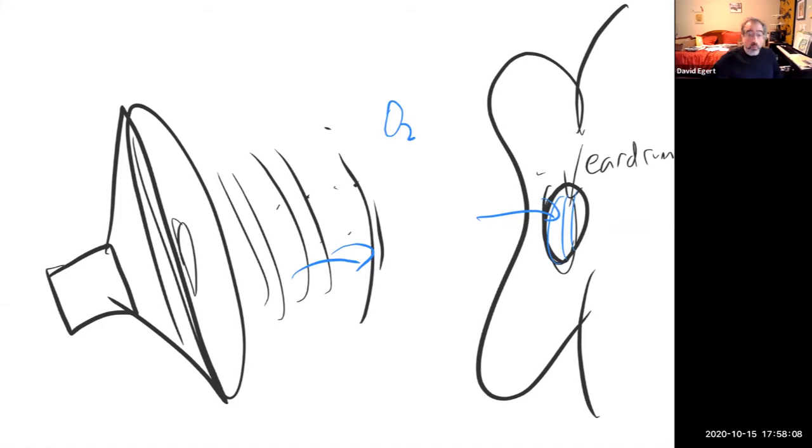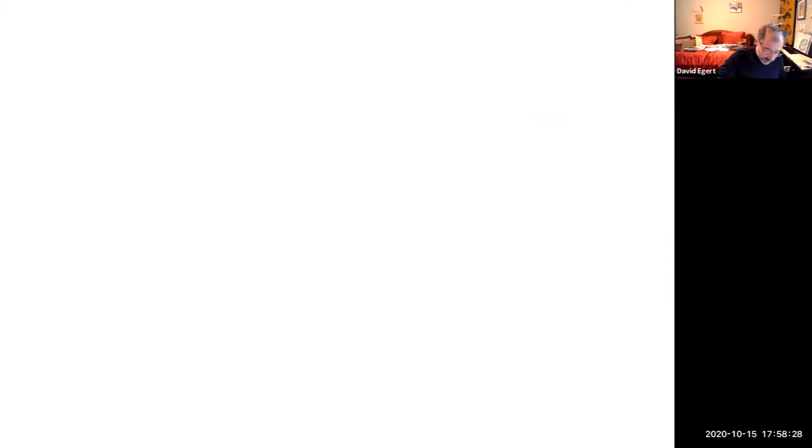So we have this movement. It's a physical movement of your eardrum, and that physical movement is going to get converted into electrical signals that go to your brain and you perceive as sound. So let me talk a little bit about that. This is supposed to be the skull.